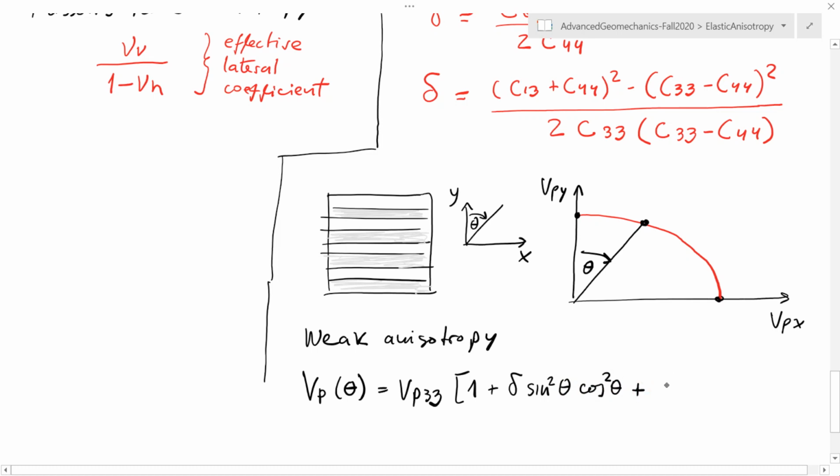Okay, just one more term. And this is the equation.